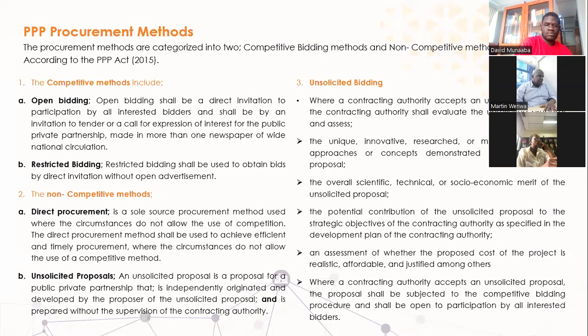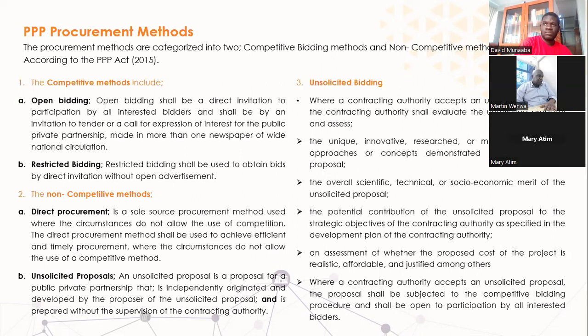Under open bidding, there shall be a direct invitation to participation by all interested bidders, and it shall be by an invitation to tender or call for expression of interest to the public, for the public-private partnership, made in more than 1 newspaper of nationwide circulation.